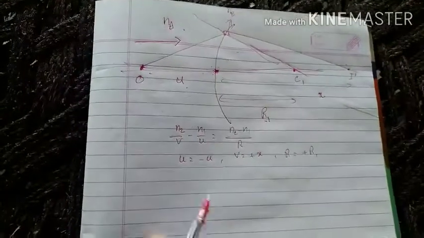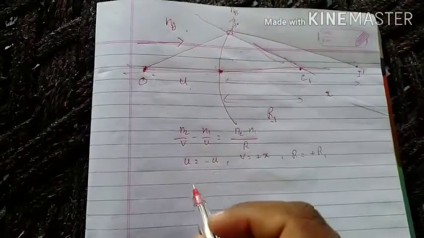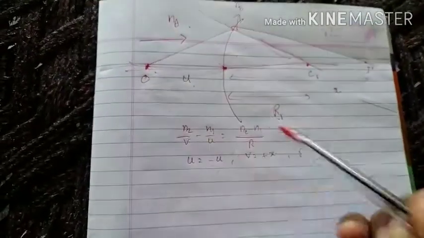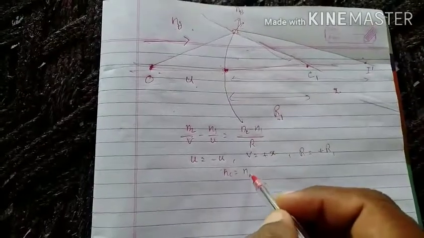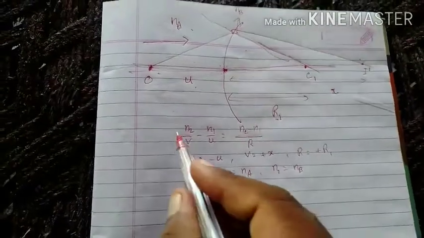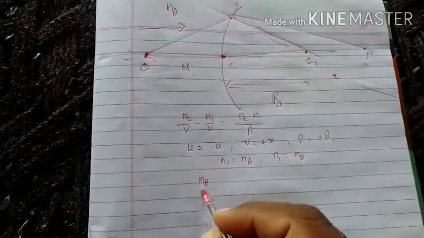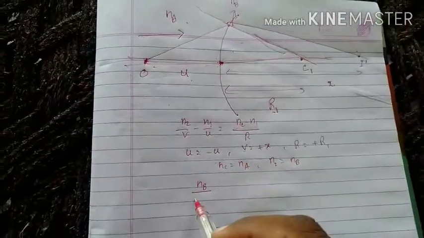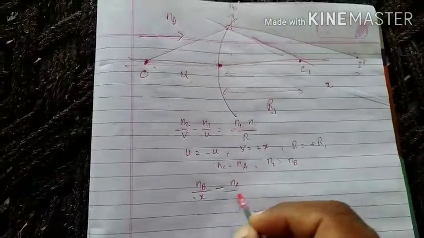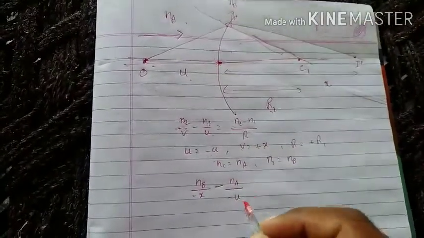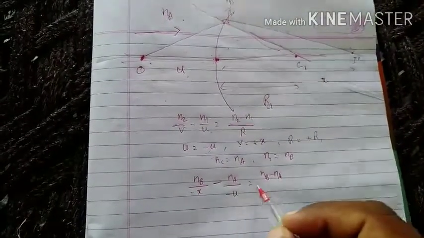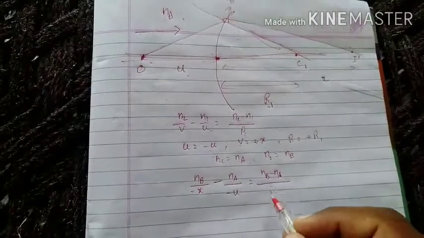So what are we going to substitute? By substituting these values here, yeah, we forgot n1 and n2. n1, the first medium, is na, n2 is nb. Now substitutions. n2 is nb by v is plus x, minus n1 means na by u is minus u, equal to n2 minus n1 means nb minus na by r is plus r1.